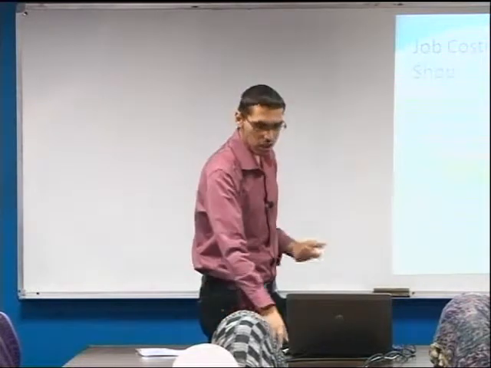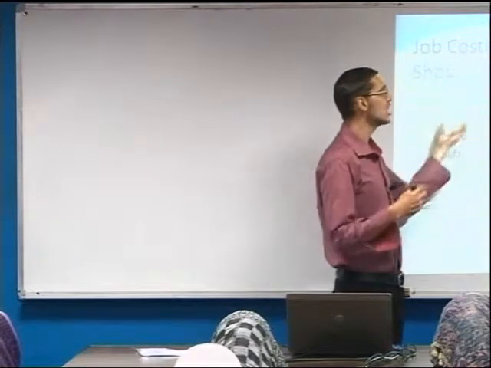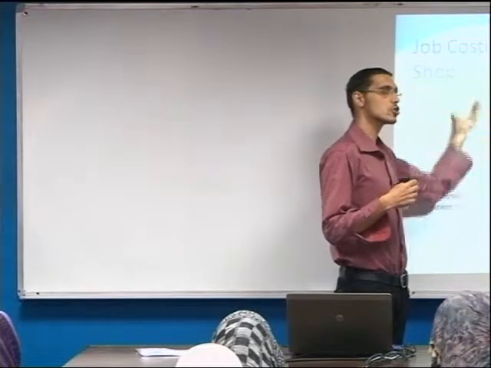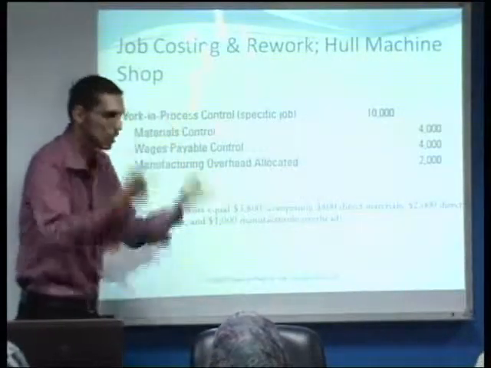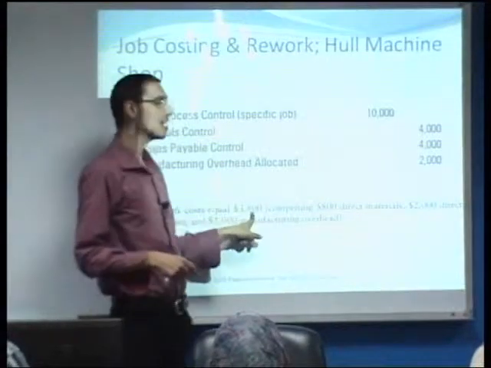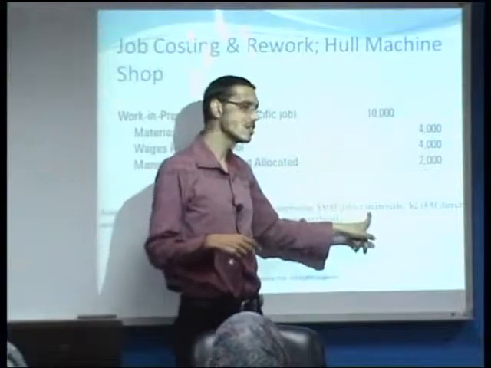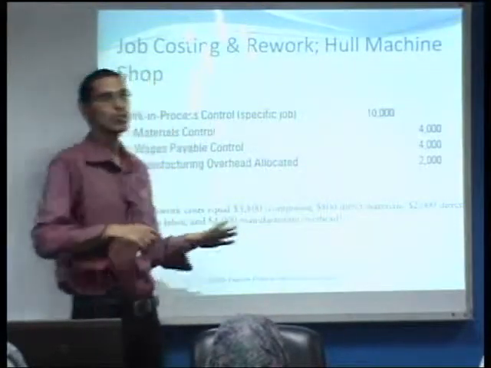This additional cost, according to our example, is as follows. In order to change these 5 parts from defective or spoiled units into good units, we are going to incur an additional $3,800: 800 as direct materials, 2,000 as direct labor, and 1,000 as manufacturing overhead.